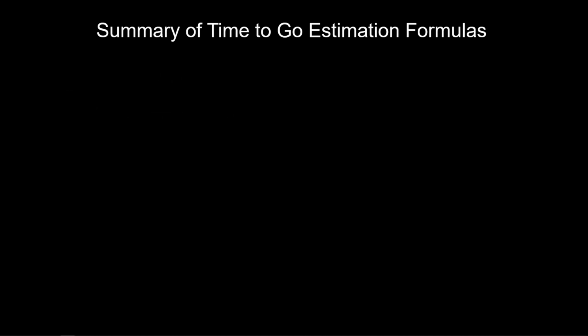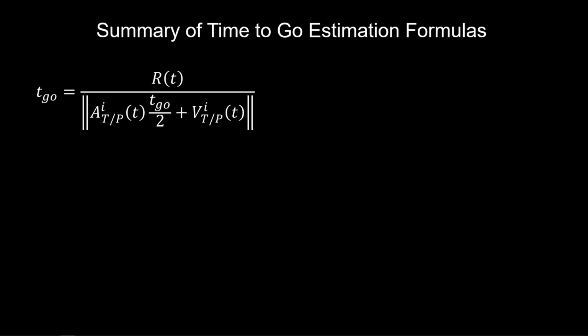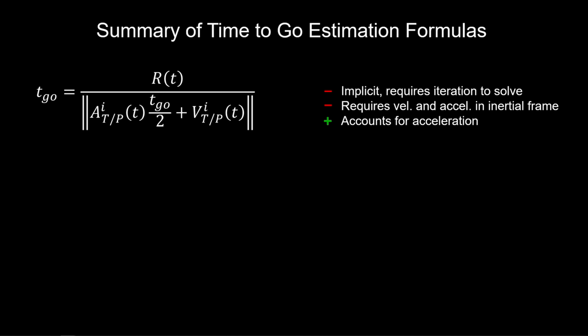Our first estimation method does account for relative acceleration, but on the downside, it's implicit and requires iteration to solve, such as with a Newton-Raphson root finder. Further, it requires instantaneous measurements of velocity and acceleration resolved in an inertial coordinate system.